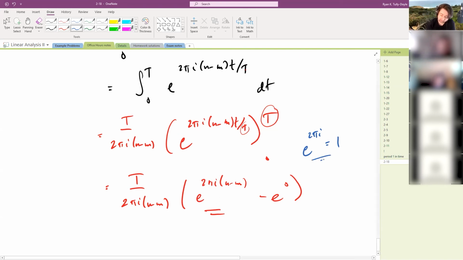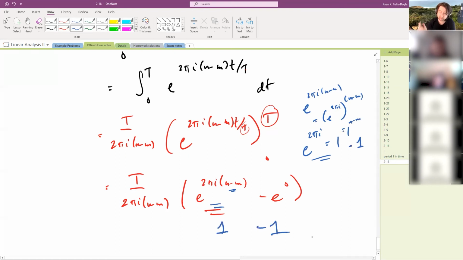So if I took e to the 2 pi i and raised it to the n minus m power, that's 1 to the n minus m, which is 1. So e to the 2 pi i times an integer is always just 1, because it just means go around the unit circle n minus m times. So this whole thing is just 0, because 1 minus 1 is nothing.